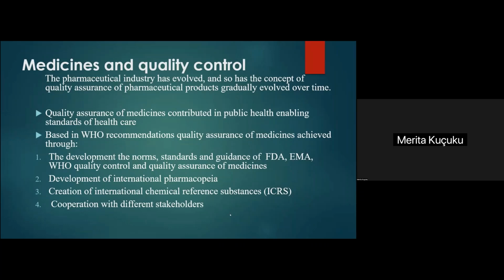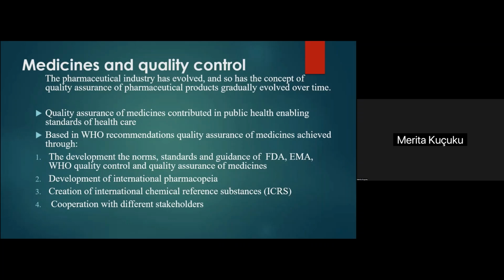Based on WHO recommendations, quality assurance of medicines is achieved through, first, development of norms, standards, and guidance of the Food and Drug Administration, the European Medicines Agency, and WHO quality control and quality assurance of medicine.